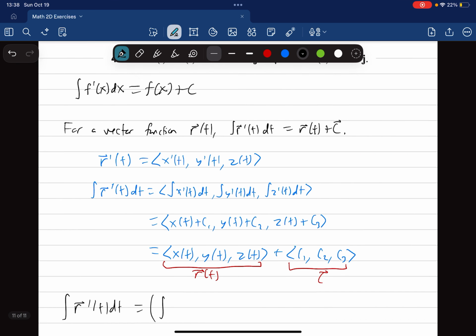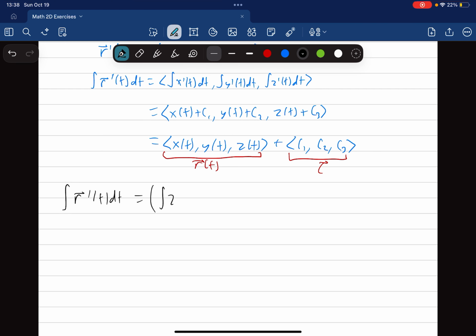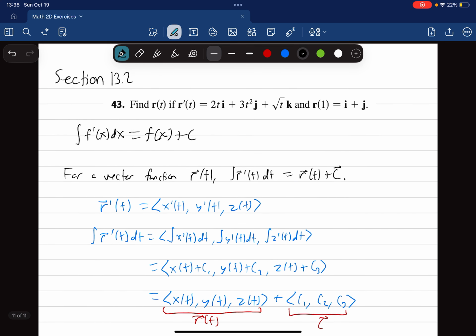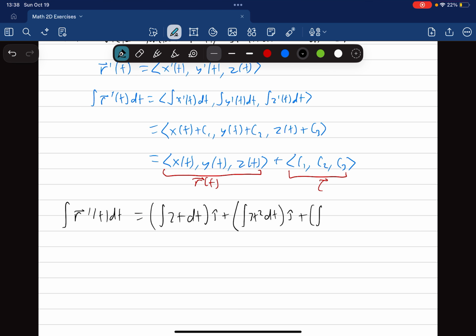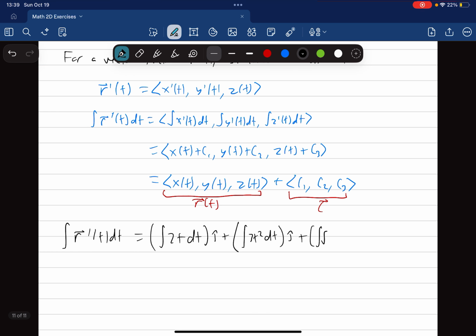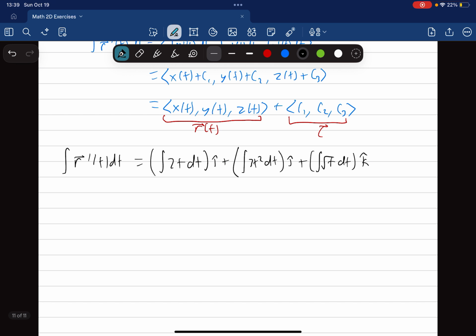This is going to be, the x component is the integral of 2t dt i hat, plus the integral of 3t squared dt j hat, plus the integral of root t dt k hat.